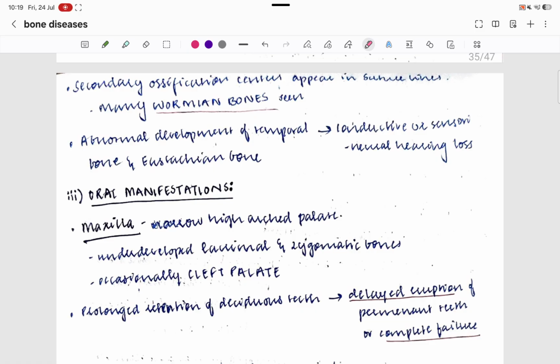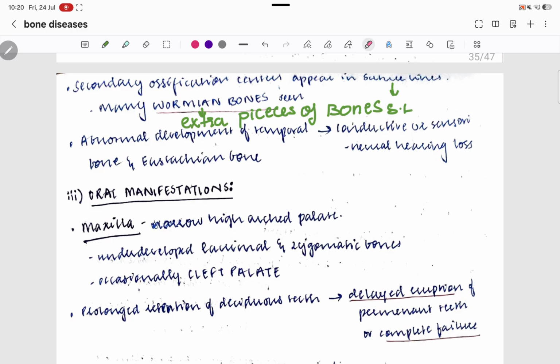Wormian bones are small extra pieces of bone which are found inside the suture. I'll just write here, these are the extra pieces of bones found in the sutural lines.